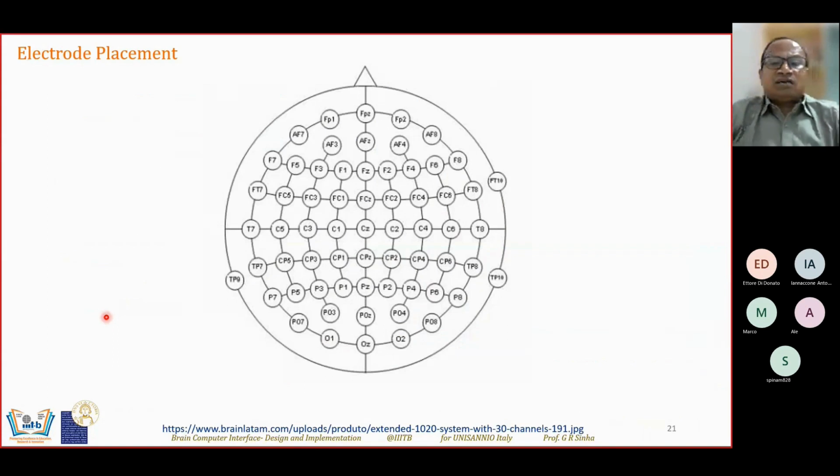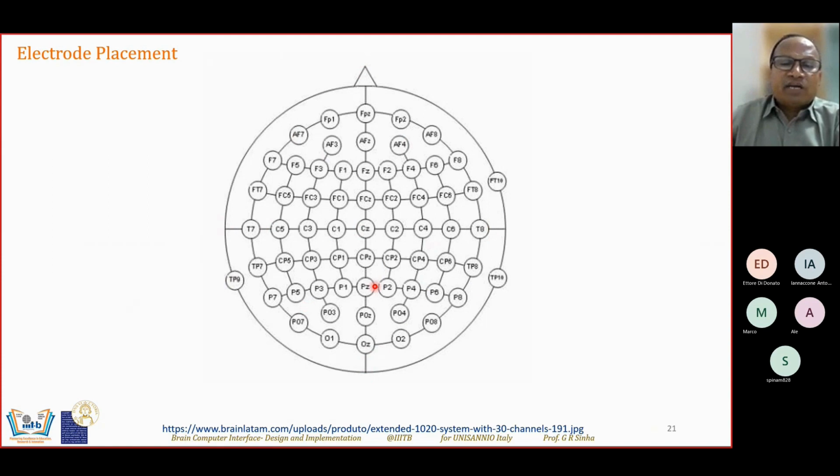So these are the electrode placements. If you can recall from the previous lecture, these are the two ear lobes, this is the nose area, and just opposite to the nose area is the back side. And these two are your two ear lobes.